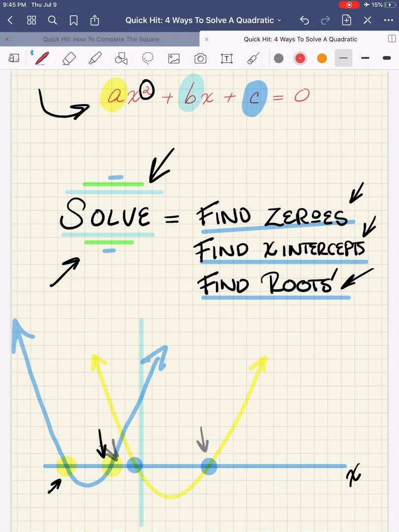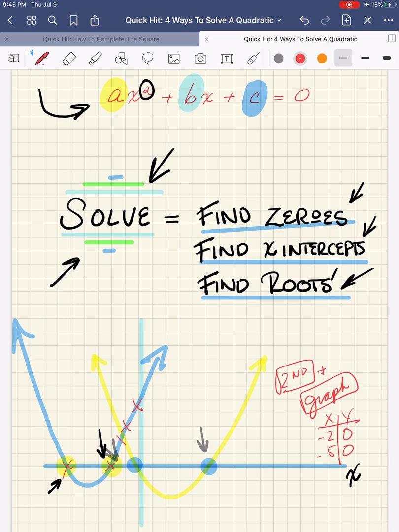And you can either use the trace feature to move your spider down to the intercept, and then you can zoom to see where those are, or you can hit the second graph feature if you're on the TI-84. That's going to give you the table of values. And you can look and see where y equals 0 and see the two places where the x values are.